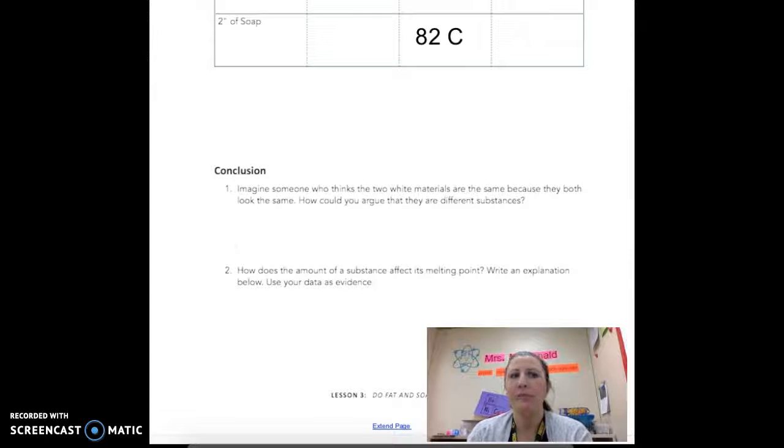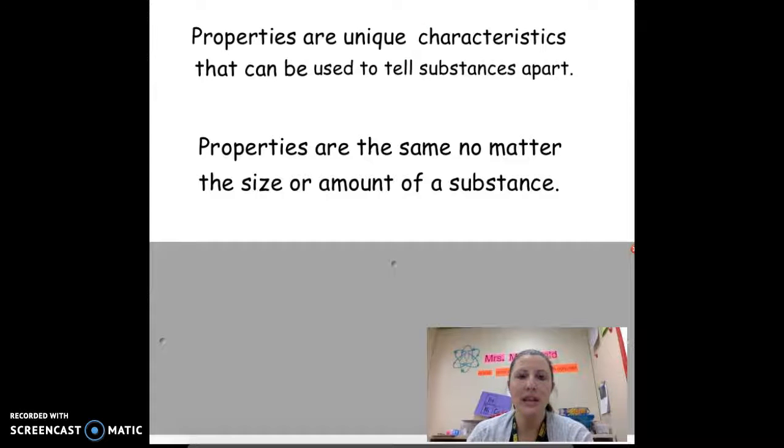Before we answer, I want to talk about scientific principles. The two scientific principles that are important here both involve properties. I took the scientific principle that you have in your binder and broke it into 2 parts. First, properties can be used to tell substances apart. And second, the properties are the same no matter the size of the substance.